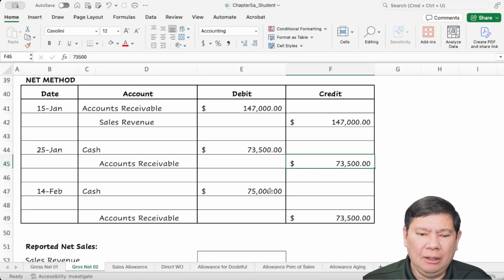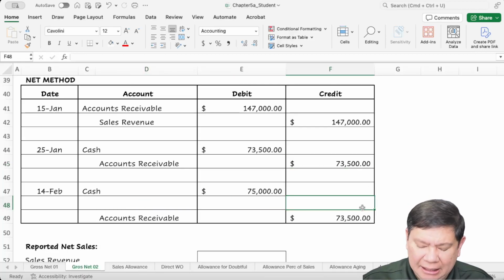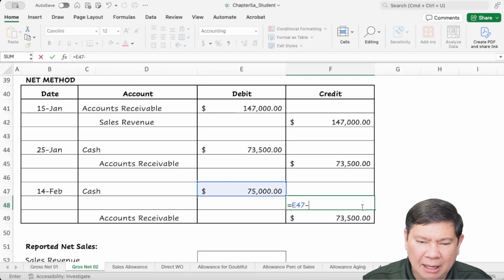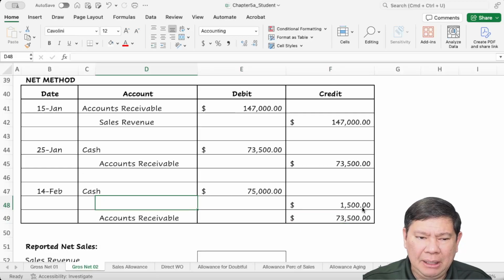So the discount not taken, which is $1,500, will be put back into the sales revenue.